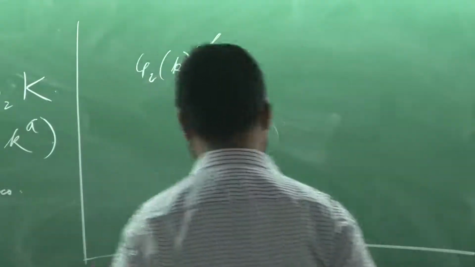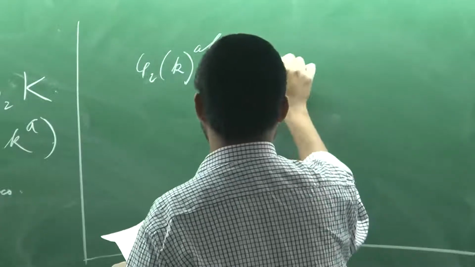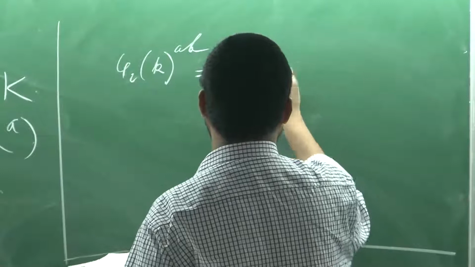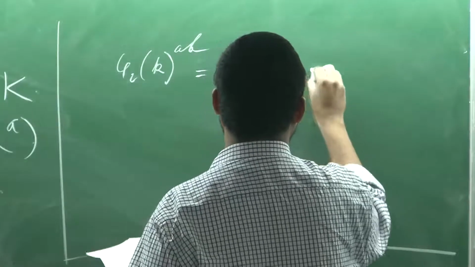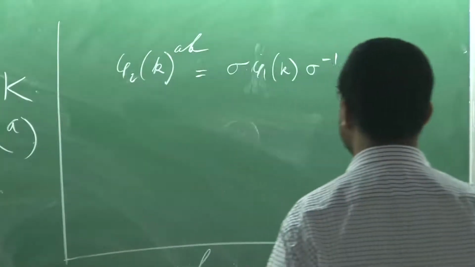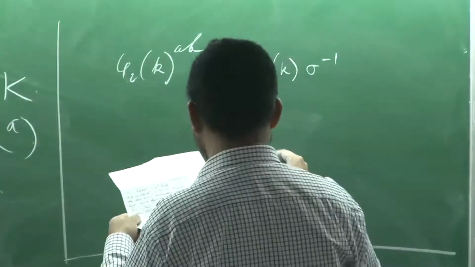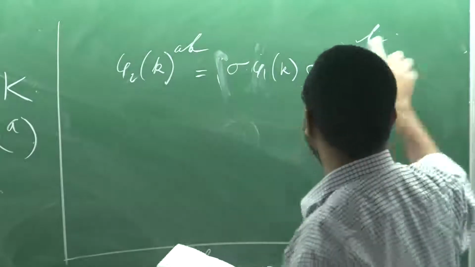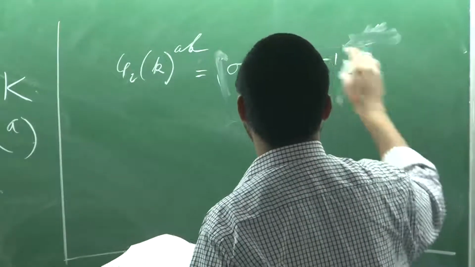So a is the previous a. So by my choice, sigma phi 1 k sigma inverse to the whole to the power b, and since conjugation is there, I can push b inside.